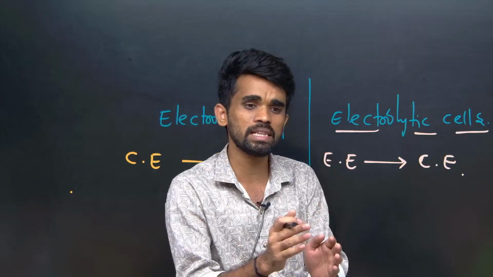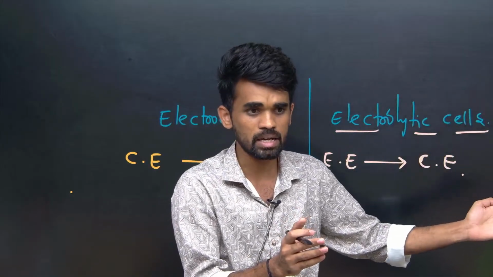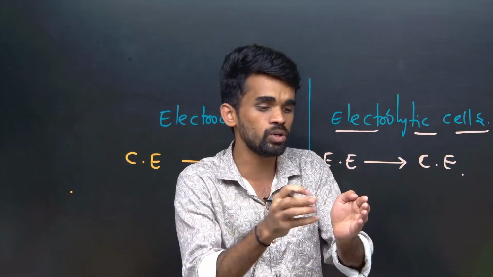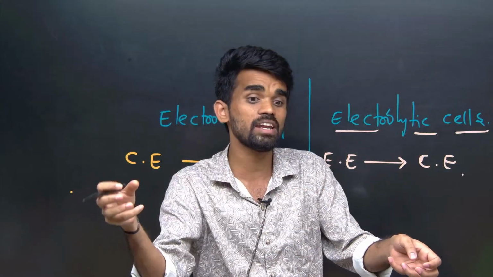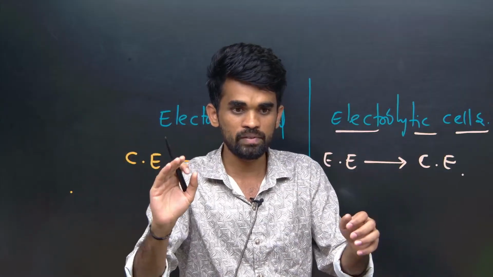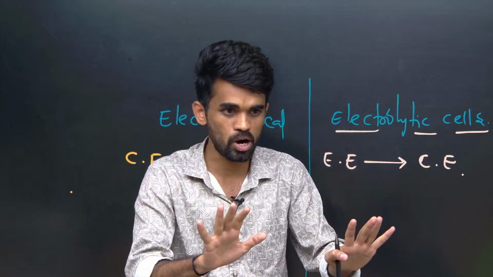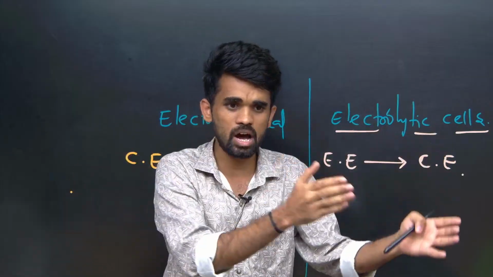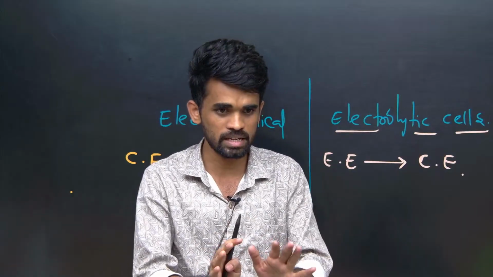Generally metals exist in their oxide forms or in a combined state, but what we require is a pure metal. So we need to extract the metal from the impure state to the pure state. This is a non-spontaneous process, whereas conversion of a metal to its metal oxide is a spontaneous process. When exposed to normal moisture, oxide formation takes place, for example rusting of iron, which is a natural process.